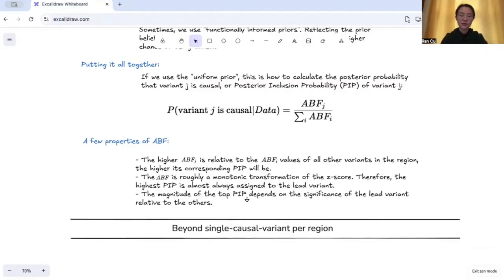Or you can have a region that's got a lot of highly correlated variants, and all the variants are going to share some PIP. You're still going to get the lead variant having the top PIP, but the magnitude of its PIP is probably 0.1 or something like that. All right, so that's basically all I want to say about ABF.